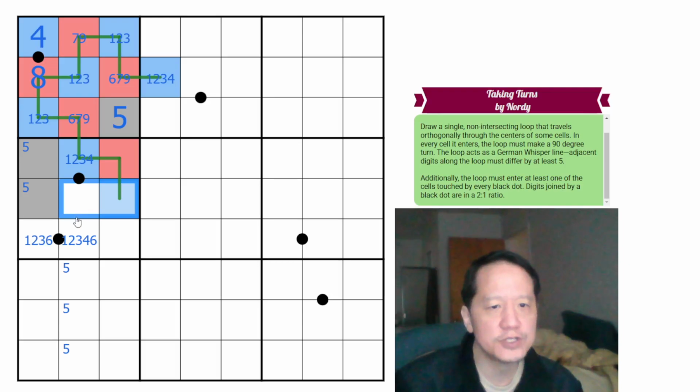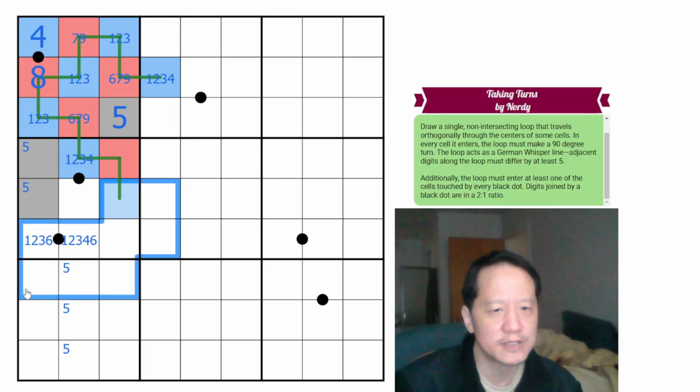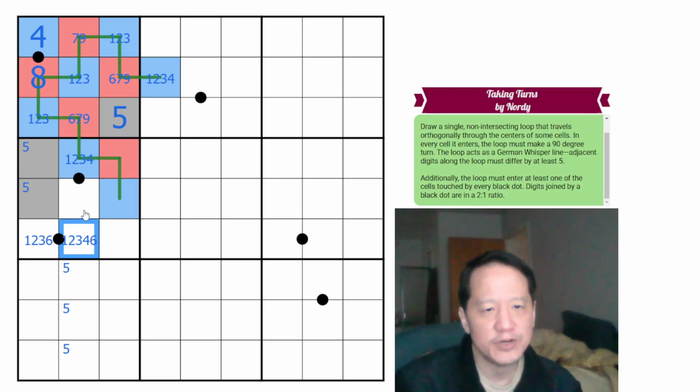So it either goes this way to here, or it cannot go straight. It could go something weird, like something like that. But either way, this one has to be on the German whisper line, because we know at least one of the two has to be.